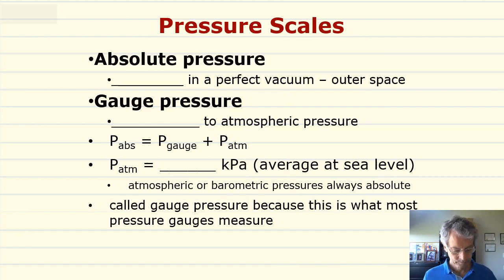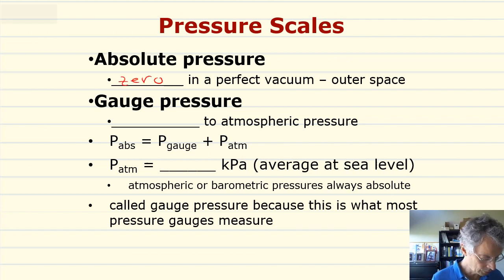Pressure scales. There's also an absolute pressure scale and a relative pressure scale. The absolute pressure scale, of course, is analogous to the Kelvin temperature scale. Zero pressure will occur in a perfect vacuum, which would be out in outer space.